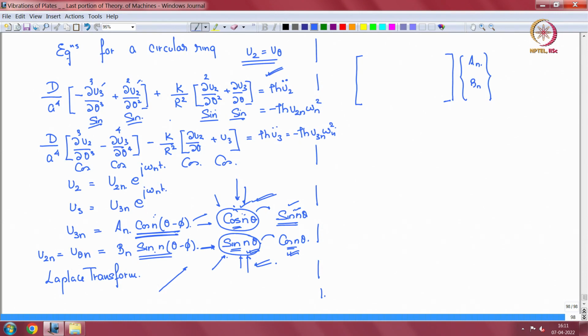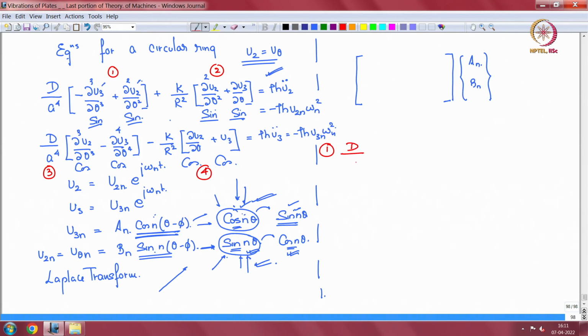It will not be very difficult to actually do it, so let us do it. Let us number these terms 1, 2, 3 and 4. So 1 gives me what?